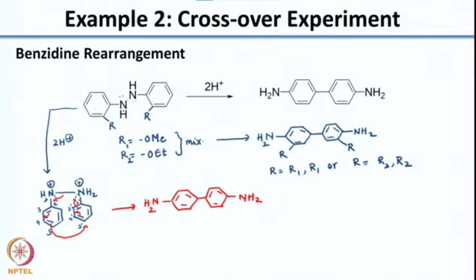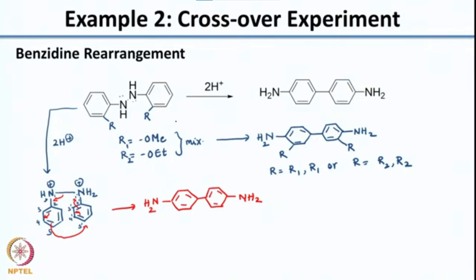If this reaction is going via a different mechanism, then you will think that this NH bond is breaking, and then the new bond formation is taking place at the para position of each benzene ring, each phenyl ring, right?